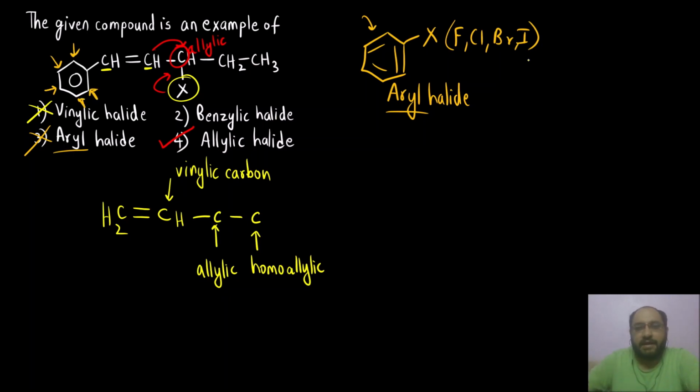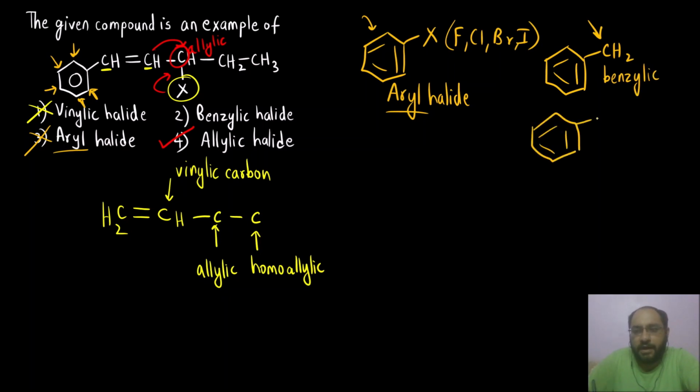And what is benzylic halide? Okay, the carbon next to the benzene ring is called the benzylic carbon. That is why, if you remember, the carbocation formed at the carbon next to the benzene ring we call a benzylic carbocation, right, which is stable because of resonance, right?